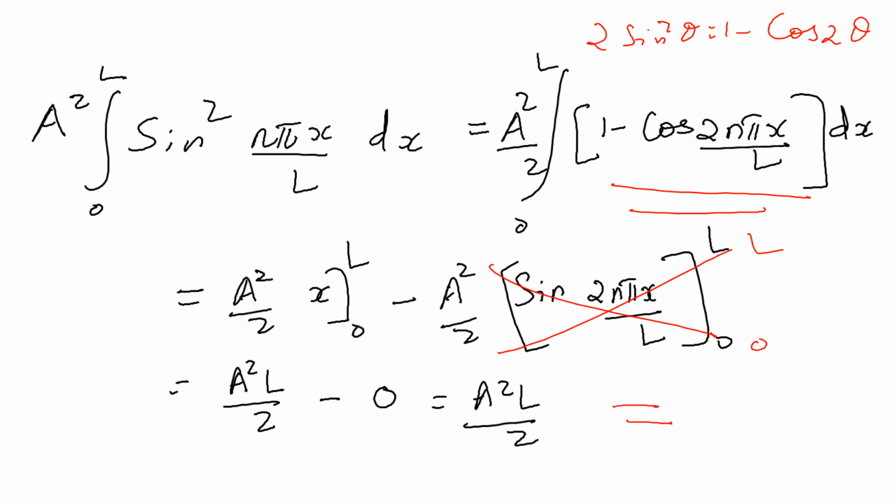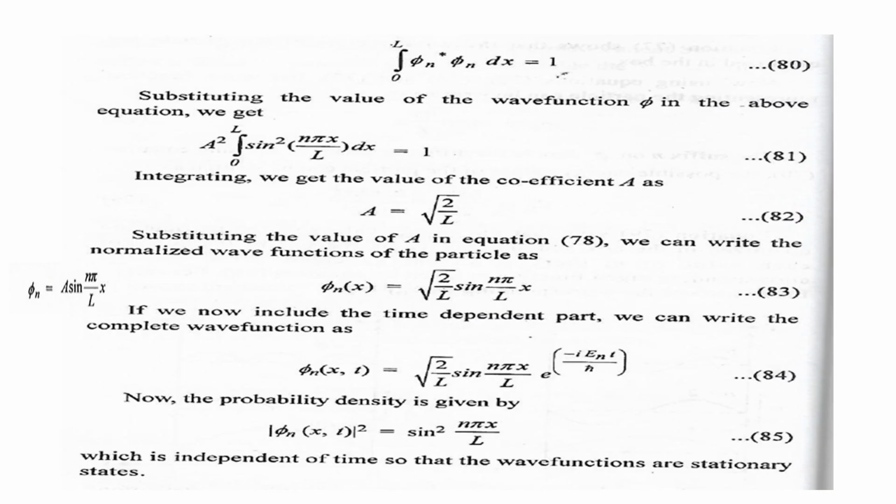Now you can equate this to 1, and you will get the value of a square equal to 2 divided by L. So a is equal to the square root of 2 divided by L. So we got the value of a.